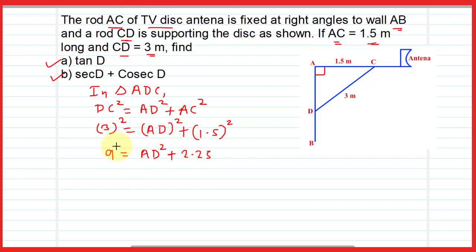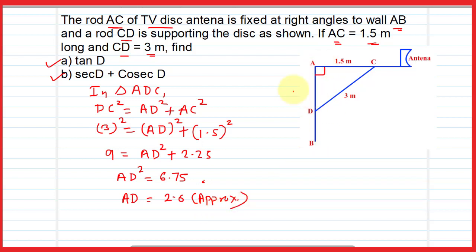Take 2.25 to this side, so it will be 9 minus 2.25, so AD square is equal to 9 minus 2.25, that will be equal to 6.75. So taking square root of both the sides, you will get AD is equal to square root of 6.75, that will be equal to 2.6 approximately.